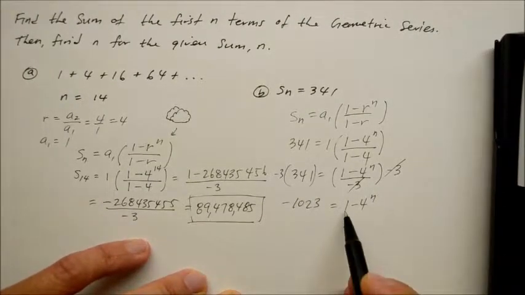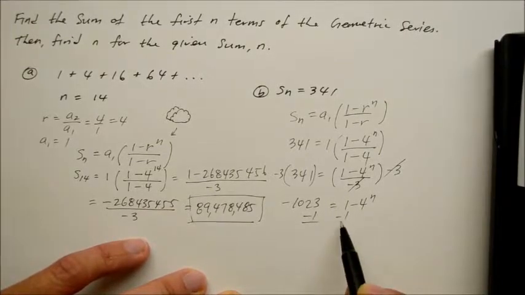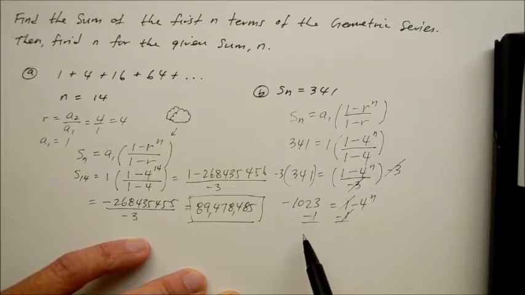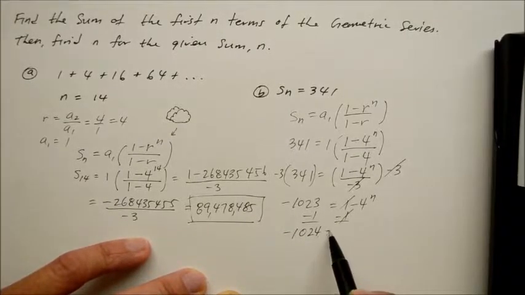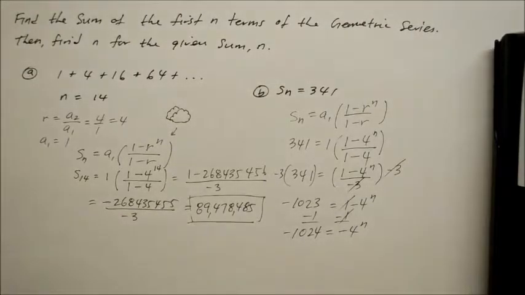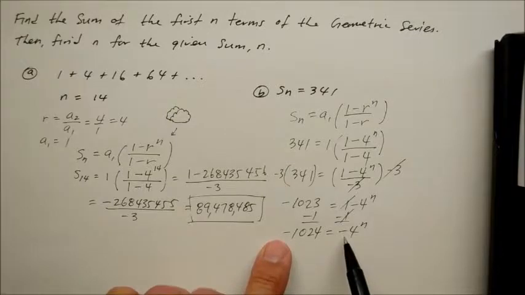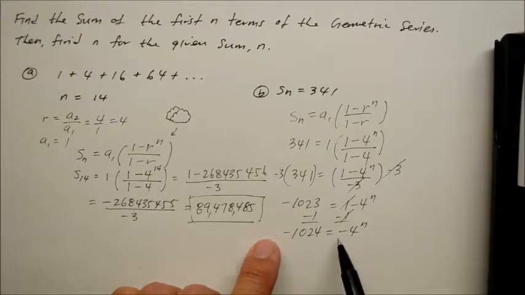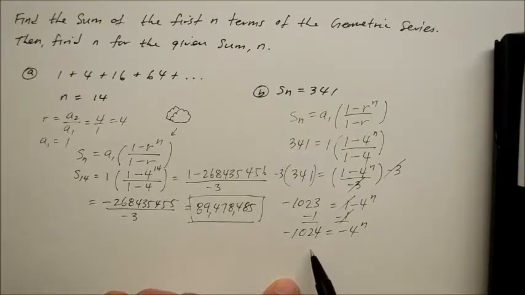Now let's bring that 1 over by subtracting it from both sides. So additive inverse 1 and the minus 1 cancels. And on the left, again, it becomes a bigger negative, negative 1024 is equal to negative 4 to the nth power. And since they share a negative coefficient, we could just cancel them out and say 1024 is equal to 4 to the n.